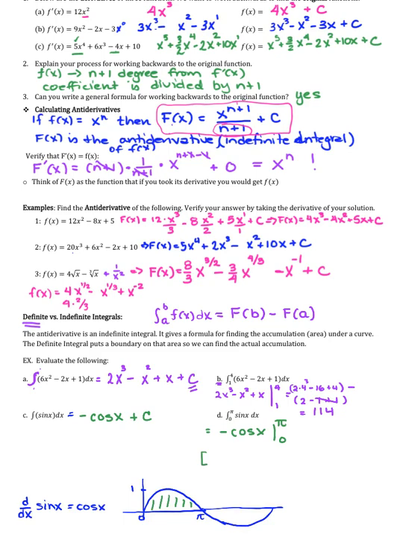So we're going to have minus cosine of pi, which is a -1, and then minus the lower bound, minus the cosine of 0. Cosine of 0 is 1. So I have here 1 plus 1. The area under this curve is 2, whatever the units are. 2 radians, I guess. Radian squared, it's area.